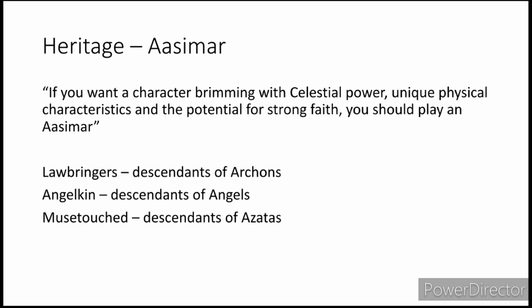Now, there are 3 different kinds of Aasimar that have been recorded. You'll see this quite often. There are subcategories of these heritages. You have your Lawbringers, which are descendants of Archons, your Angelkin, which are descendants of angels, obviously, and Musetouched, descendants of creatures known as Azatas.